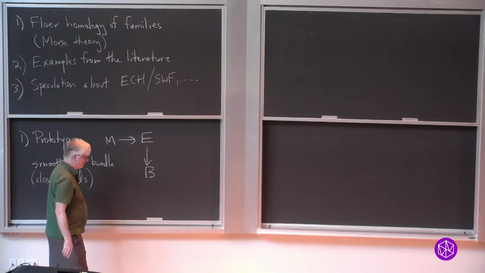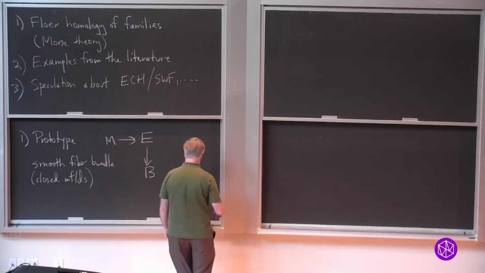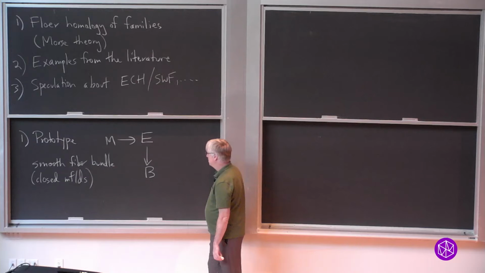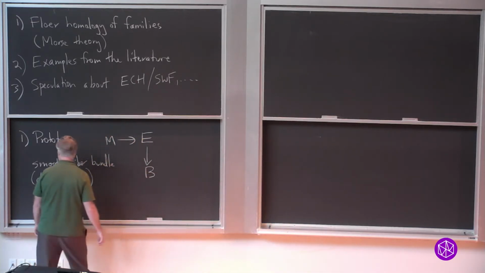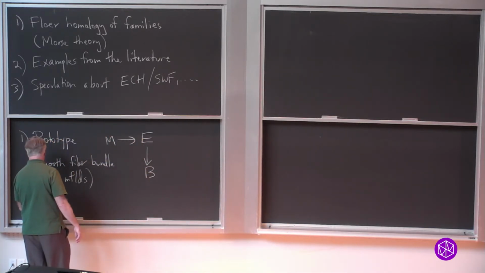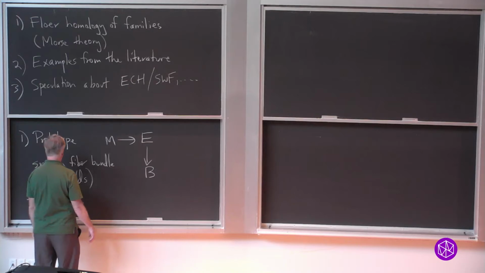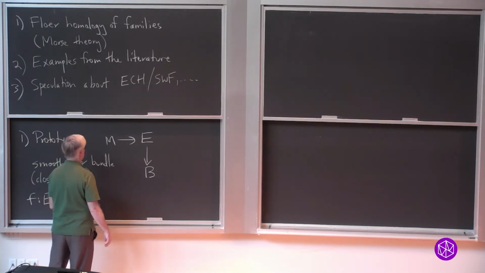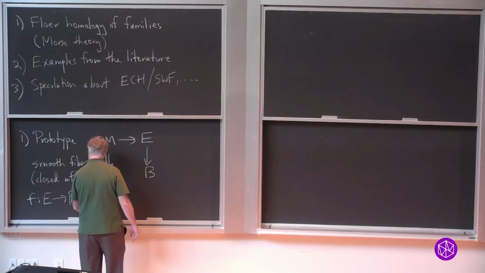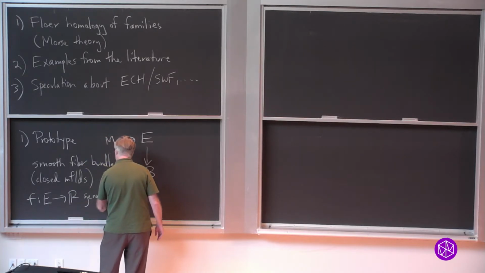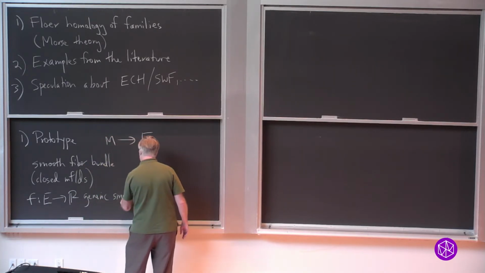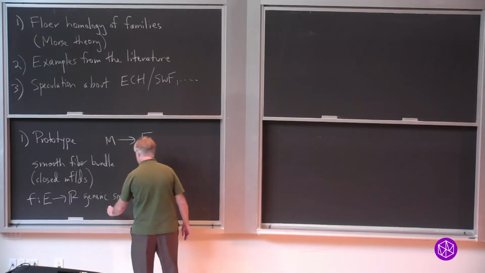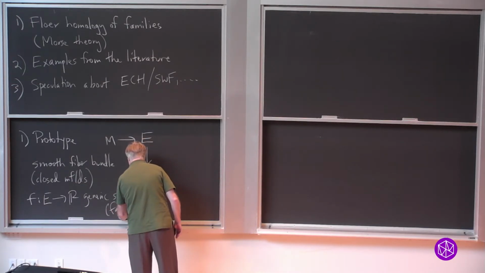I think of this as just a family of manifolds parametrized by B. Then we have a family of functions on these manifolds, which in the present setting we can just take to be a generic smooth function on E. So really I'm thinking of this as a family of functions on the fibers.